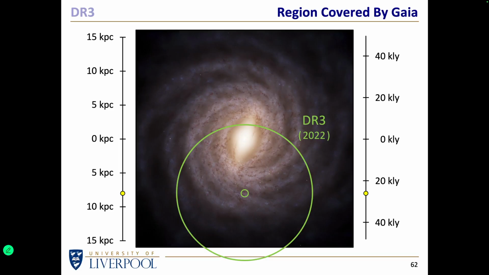You can see we've actually gone a distance of order 30,000 light years or so, or about 10 kiloparsecs, which takes us in principle beyond the distance to the center of the galaxy. We're not actually resolving those stars yet, but it's hoped that in the next data release or two, we will be able to look at the very crowded region in the middle of our galaxy.